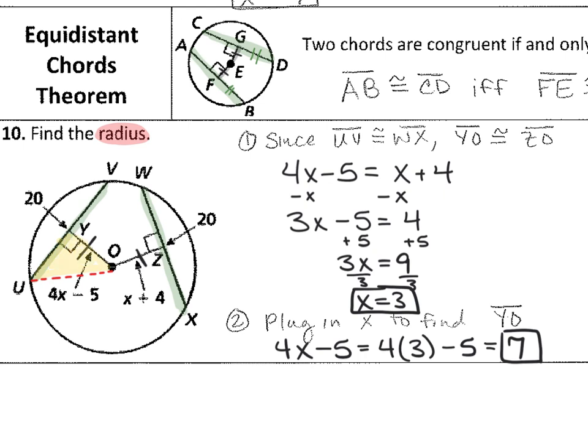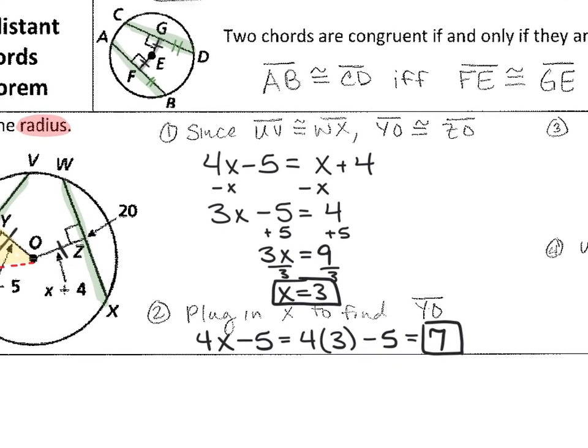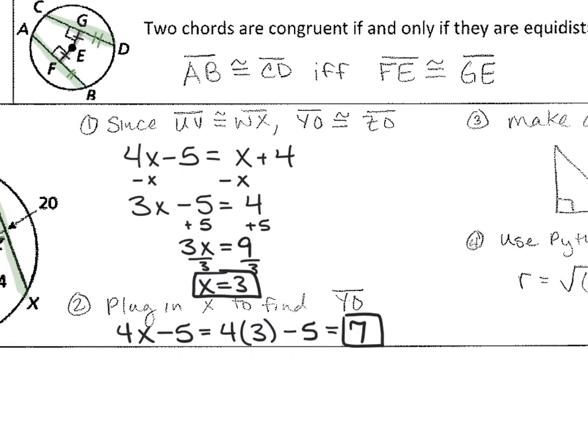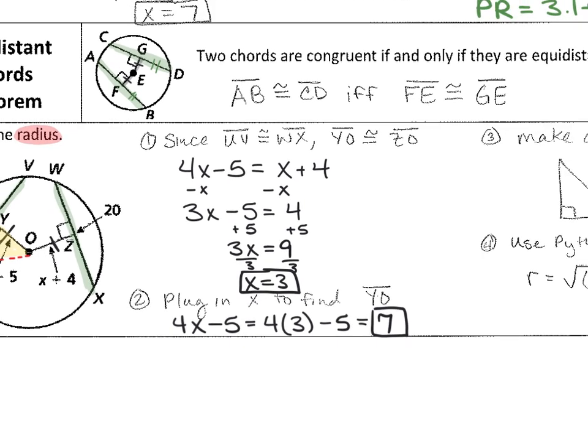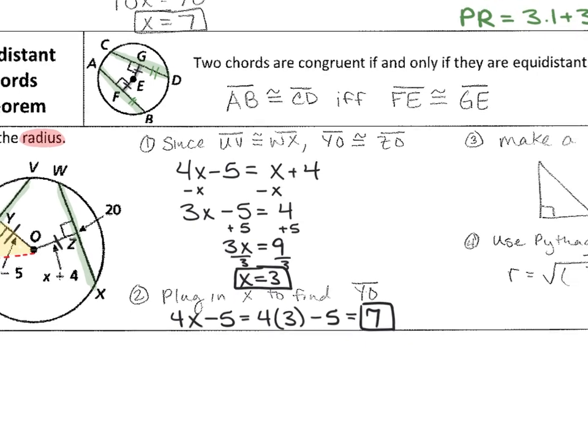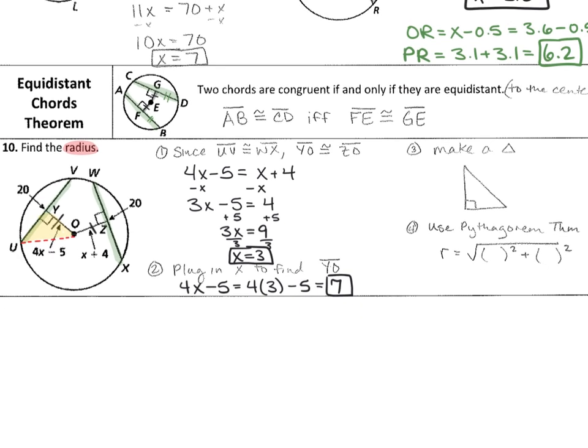So what we're going to do in step 3 is we're going to take that cute little triangle and we're going to make it look like an actual triangle on our paper. So if I look at this, this is my cute little triangle. Make sure you can see it all. We don't know the radius. We just found out one of the other sides.